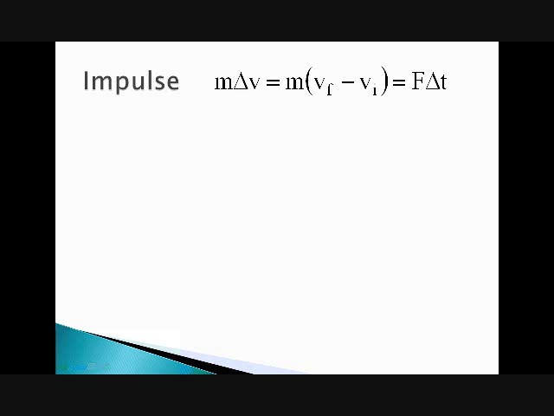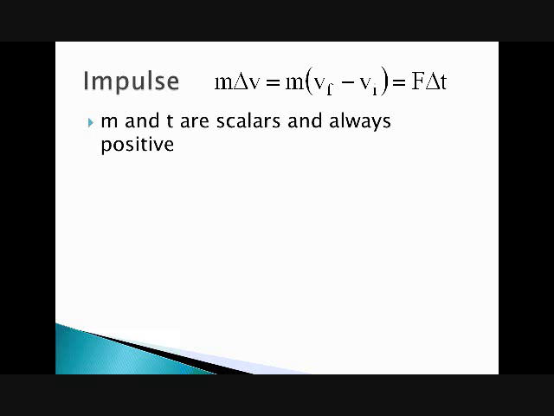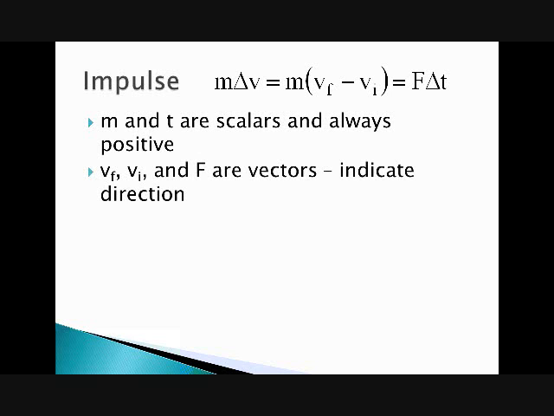Let's take a look at our impulse equation for a second, and let's just point out some things about it. Mass and time are scalars, and because they're scalars, they have to be positive. Final velocity, initial velocity, and force are vectors, and so when we're working with these parameters, we have to indicate the direction.